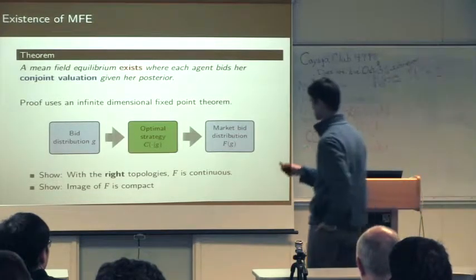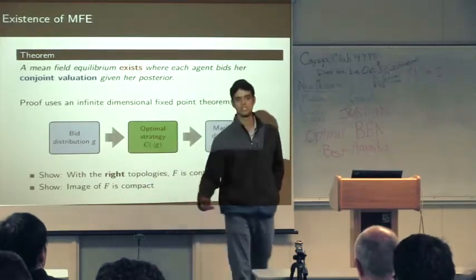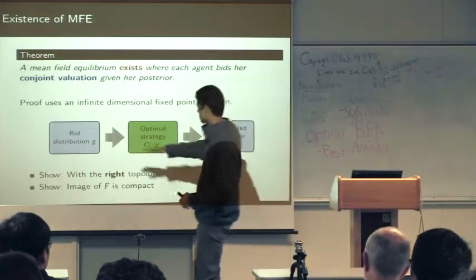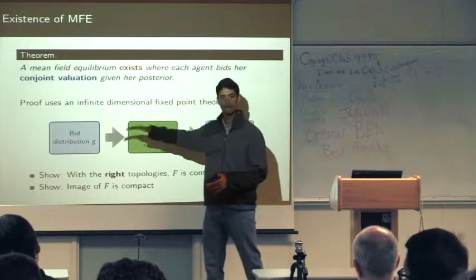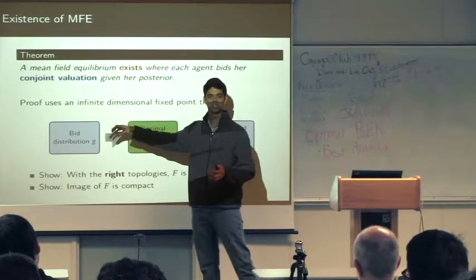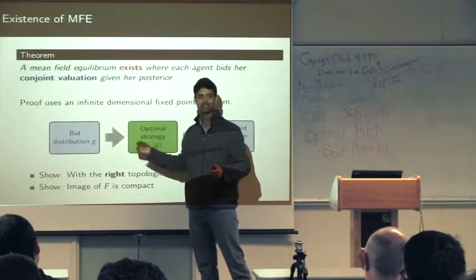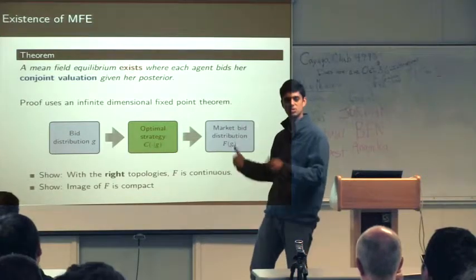The main difficulty here was to find what topology works rather than what the topology is. The reason is that because there are multiple spaces here, you have to balance how strict the topology is. You want to show that this is continuous, but if you put too strong a topology, then the next map won't be continuous and so on.